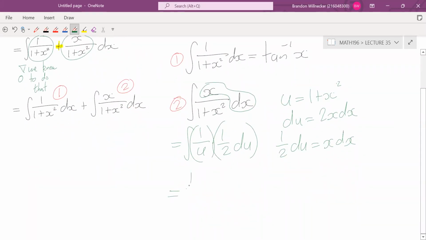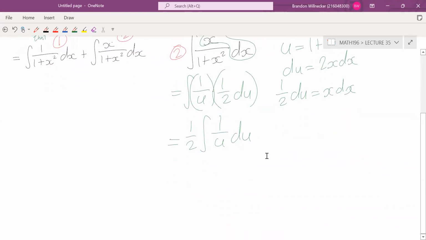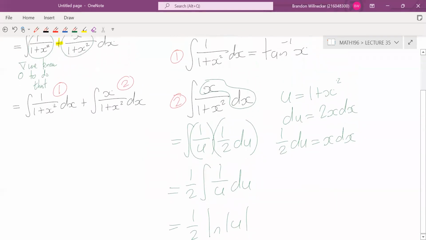Now we can take the 1/2 out. We're left with the integral of 1 over u du. We know how to do that. That's going to be 1/2 the natural log absolute value of u. Again, I'm not going to put the plus c now. I'm going to put it right at the end.